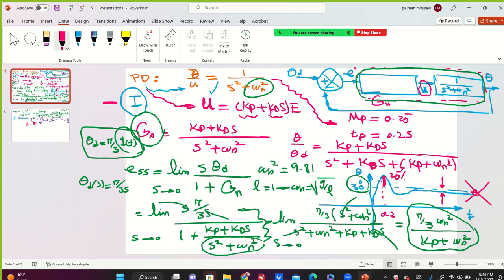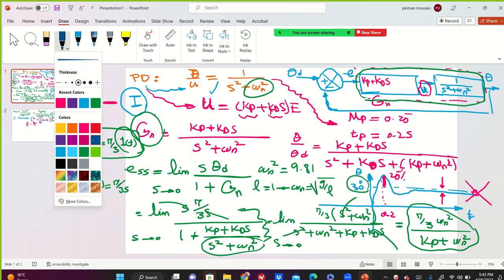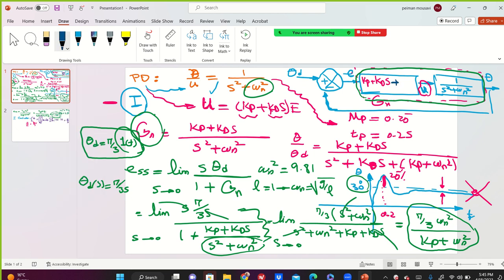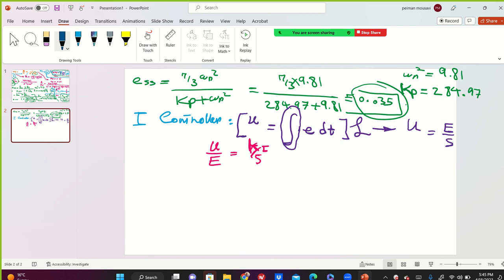So when I say PID controller, we added proportional and derivative to stabilize the system and tune the transient response. Now I'm adding the I controller, Ki over s, to remove the steady state error signal.